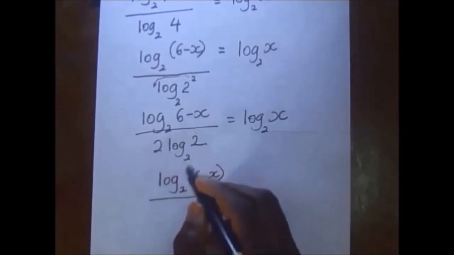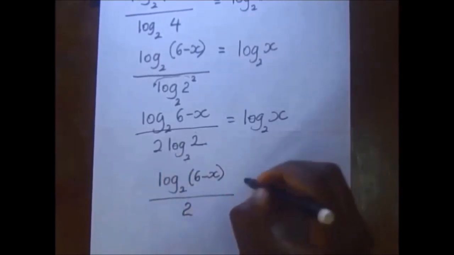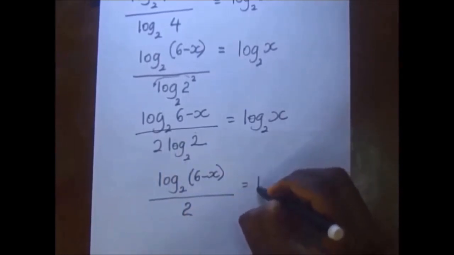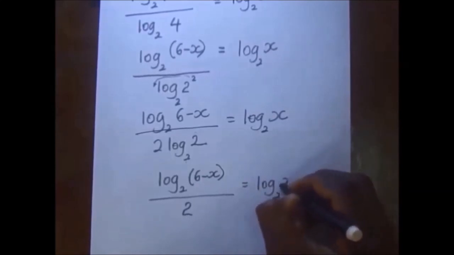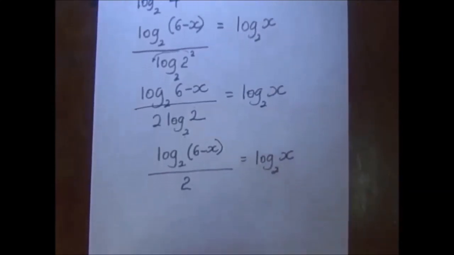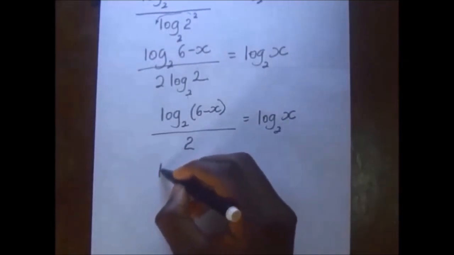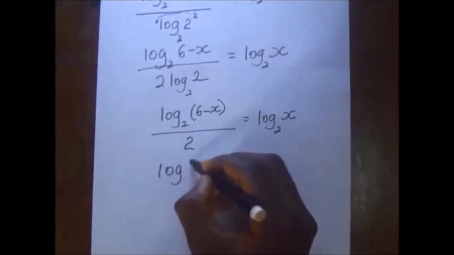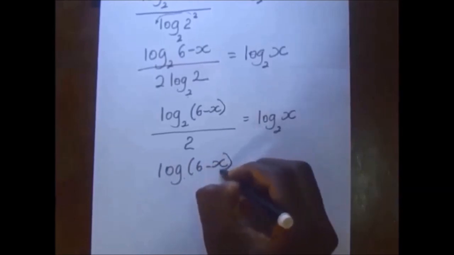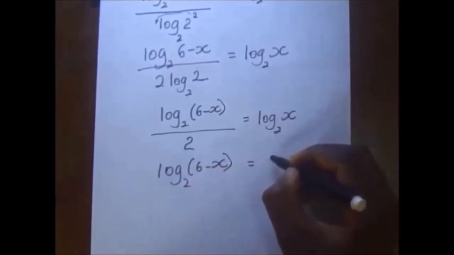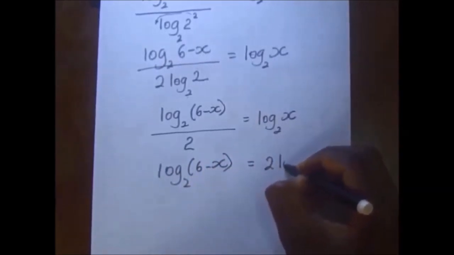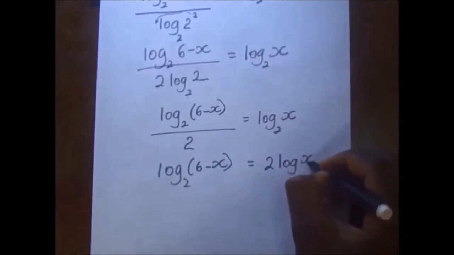So it's going to be 2 times 1, and that's going to be 2, is equal to the logarithm base 2 of x. So that will continue. When we multiply 2 on both sides, we'll end up with log base 2 of 6 minus x, giving us 2 log base 2 of x.